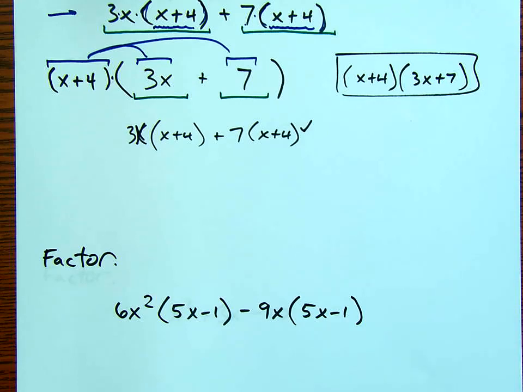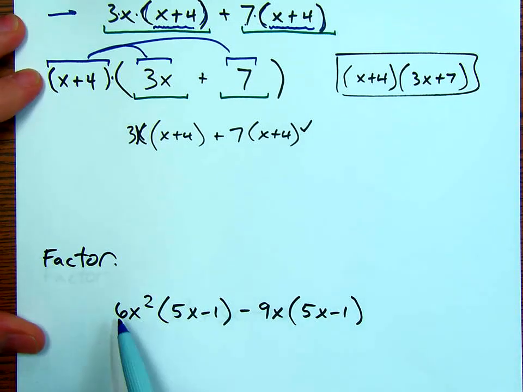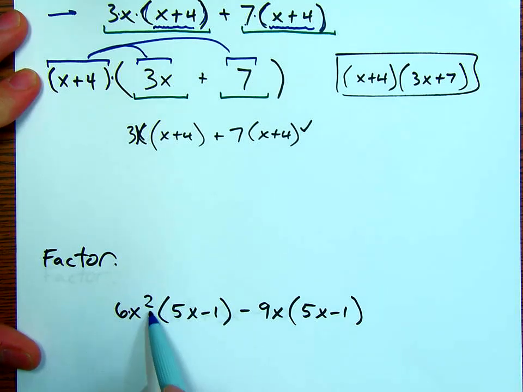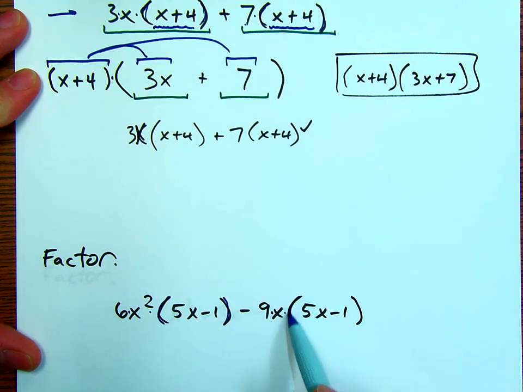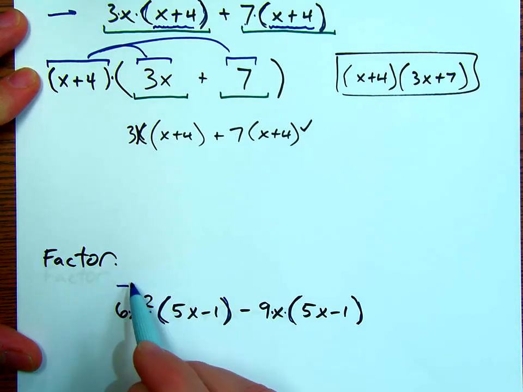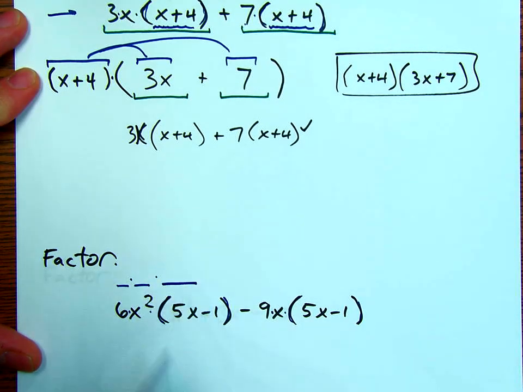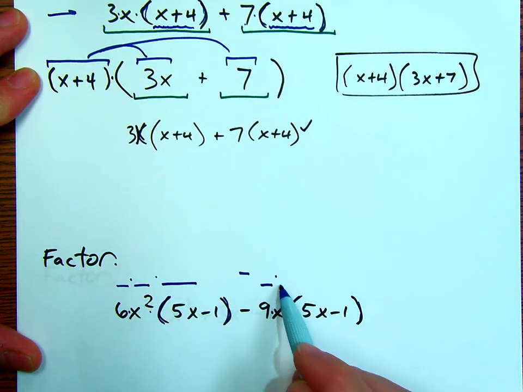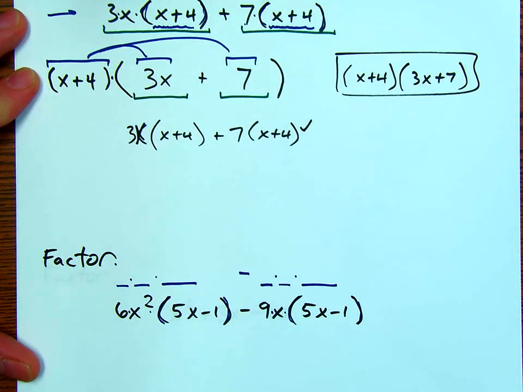Again, we want to justify how many terms we have, so we're trying to look for multiples. So again, if we look at 6 times x squared times this entire parenthesis minus 9 times x times this entire parenthesis, we can separate them out. We have the 6 times the x squared value times the parenthesis minus 9 times the x value times the parenthesis.